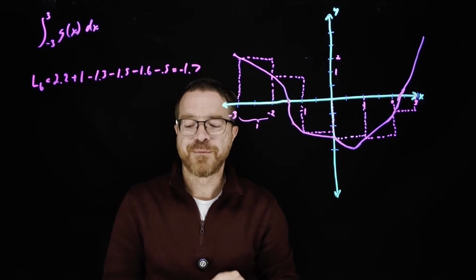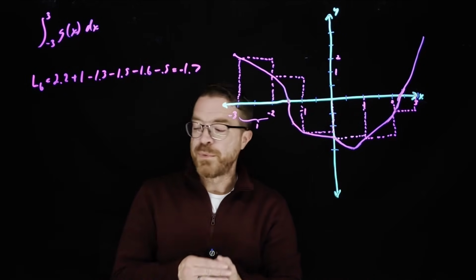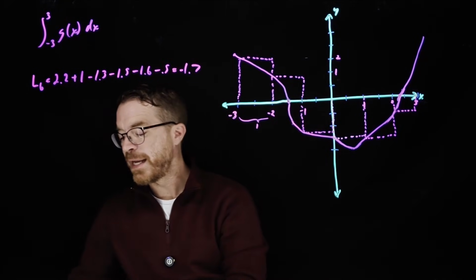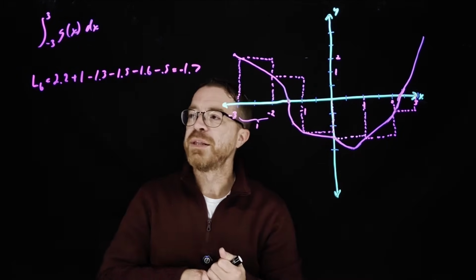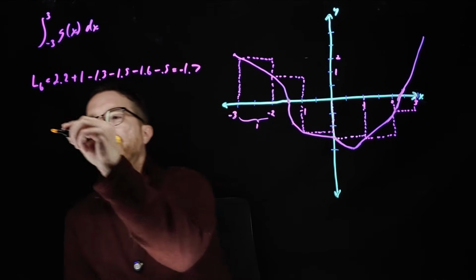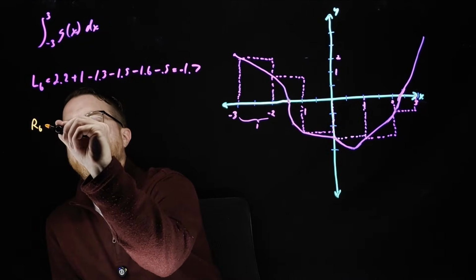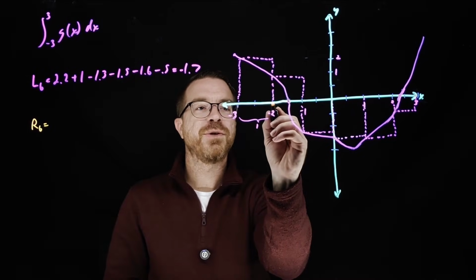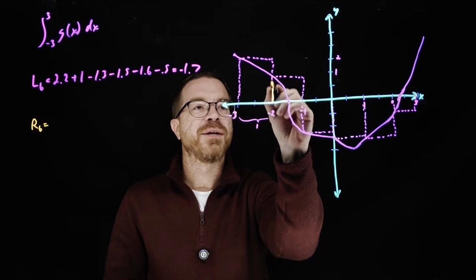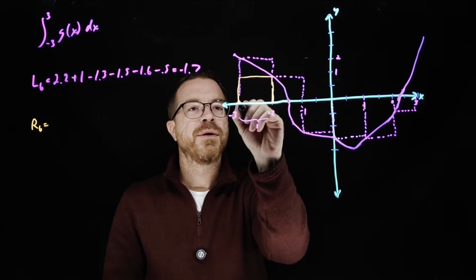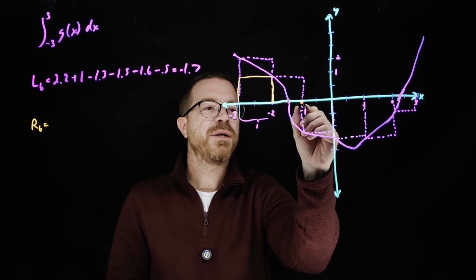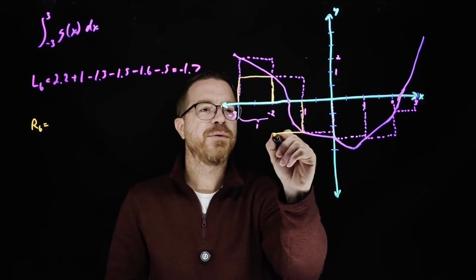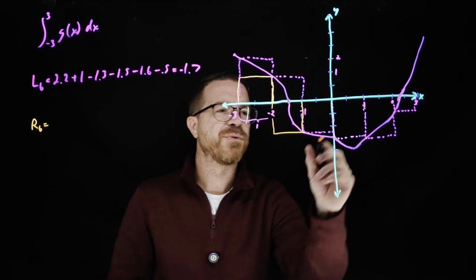So for the next part of the problem, we want to try to do the same thing, but we're going to use right-hand limits. So in this case, we want the right-hand area. For this first interval, I'm now going to start at -2, and I'm going to create my rectangle. For the second one, I'm going to start at -1 and create my second rectangle.